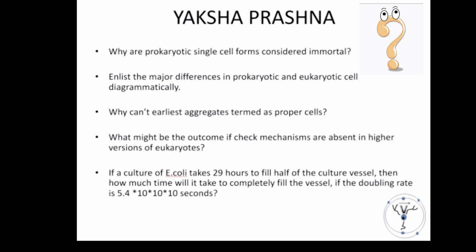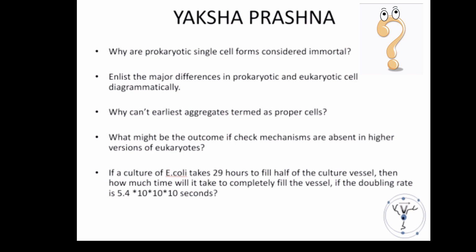The first question is, why are prokaryotic single cell forms considered immortal? The second is, enlist the major differences between prokaryotic and eukaryotic cells diagrammatically. Question number 3, why can't the earliest aggregates like microspheres and coacervates be termed as proper cells? Question number 4, what might be the outcome if check mechanisms are absent in higher versions of eukaryotes?